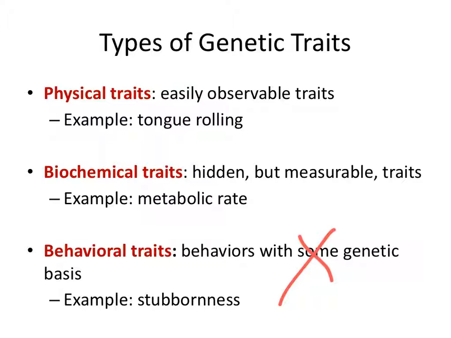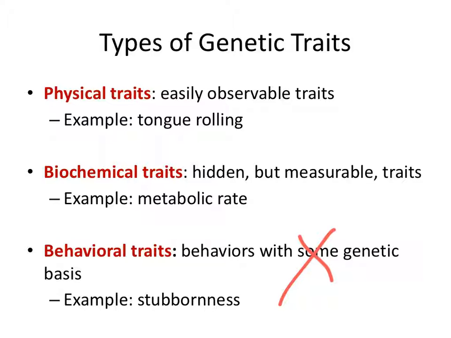There are biochemical traits, like your metabolic rate, how you process glucose, the enzymes underlying how well you exercise, all that. And then there's also behavioral traits. In other words, how you act, and also, it turns out, how you think and all that. There's a genetic basis for those in terms of the proteins that are underlying them.